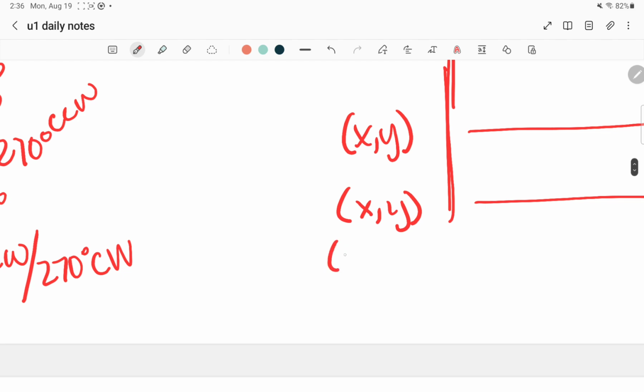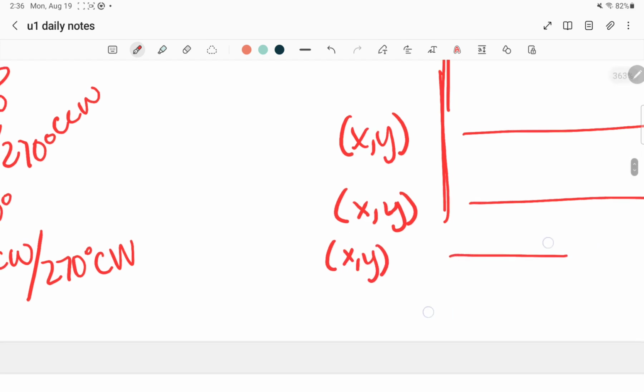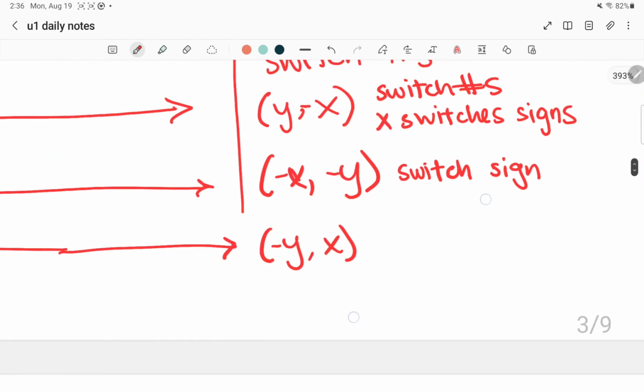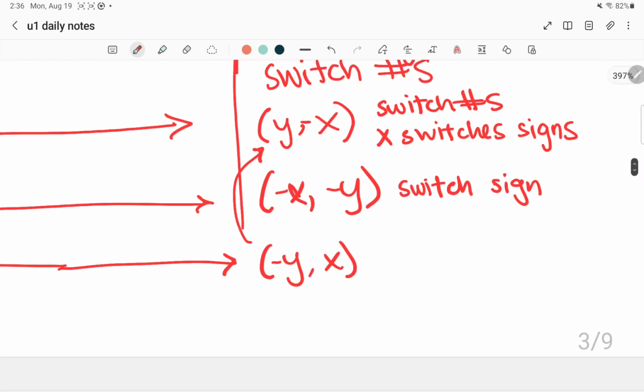And 90 degrees counterclockwise or 270 degrees clockwise, they're the same thing. My rule is negative y, x, which should look a lot like that one.